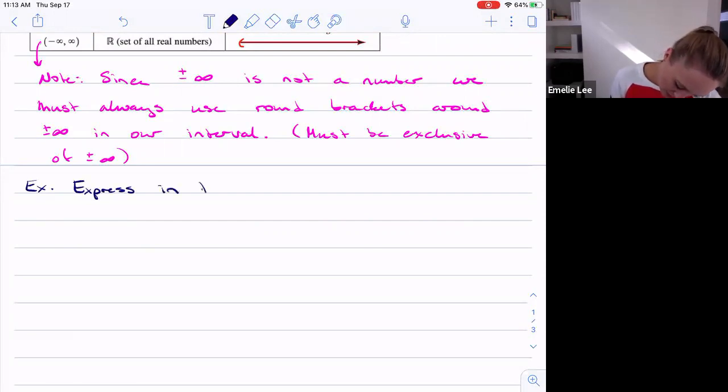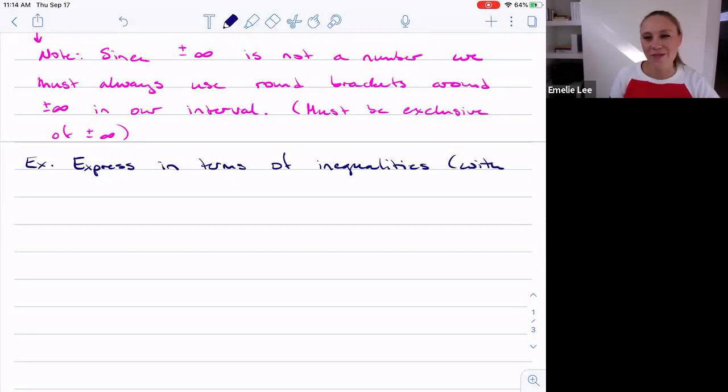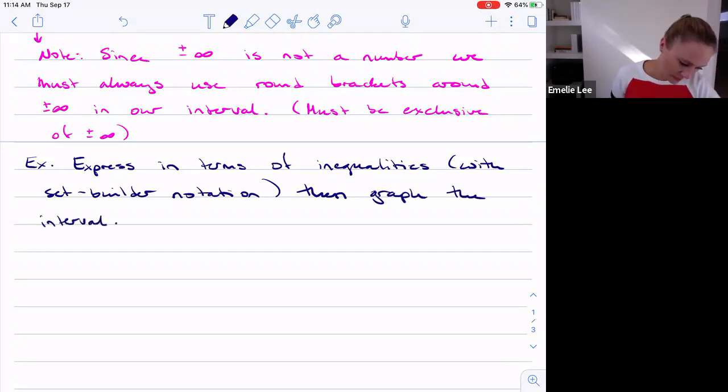Express in terms of inequalities and just to show off with set builder notation, right, from last day. And then graph the interval on the number line.